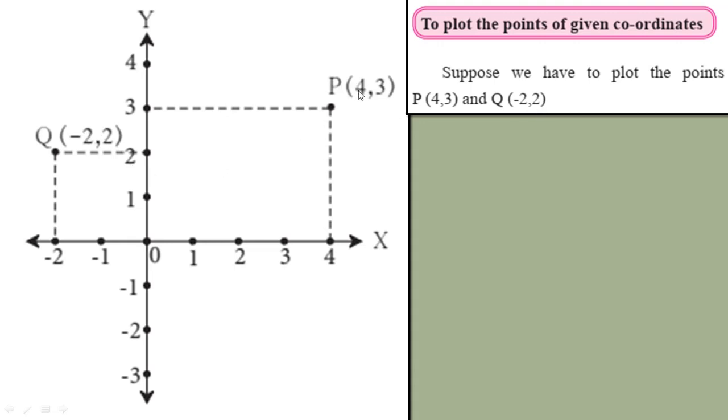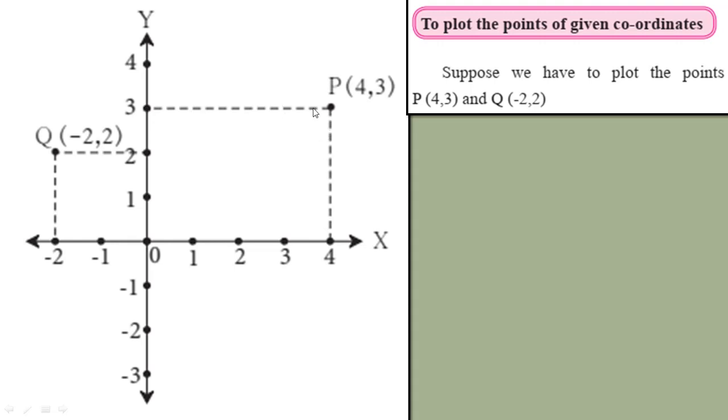So first we know that the x coordinate of P is 4, so we'll draw one line perpendicular to the x-axis at 4. Then we'll draw a line perpendicular to the y-axis at 3.